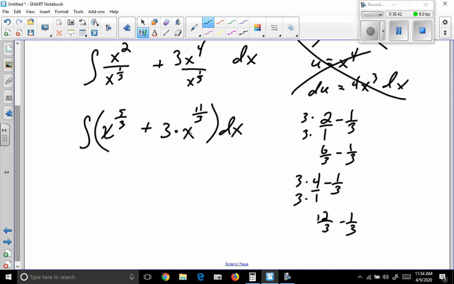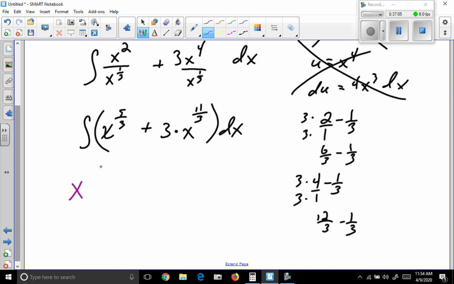Now each term is just a power rule, x to a power. Notice it's not a definite integral, so we're not plugging any numbers in after we integrate. So power rule, we do x to the 1 bigger power. If we add 1 to this exponent, we would be adding 1 or 3/3.